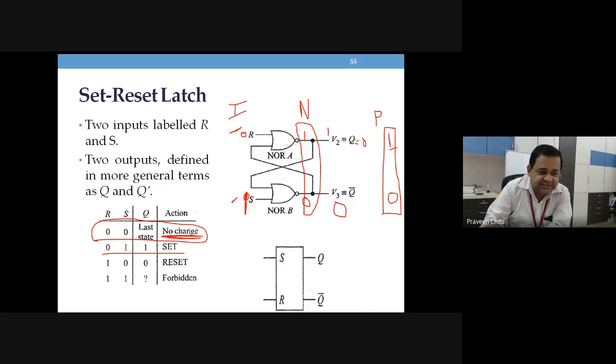So here S is equal to 1 that you applied, so this output becomes 0. Then this 0 along with this 0 will produce the output as 1, irrespective of the previous value. Here the previous value is not important. The moment you give R equal to 0, S equal to 1, you get Q equal to 1 and Q bar equal to 0.